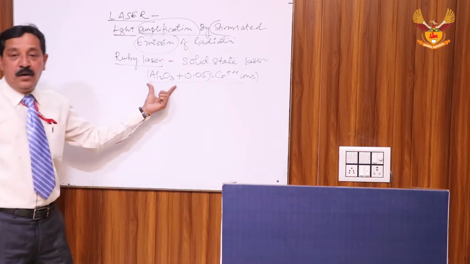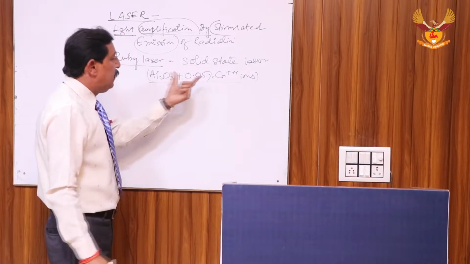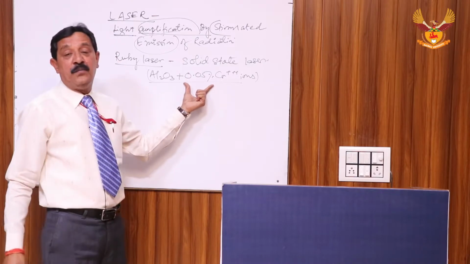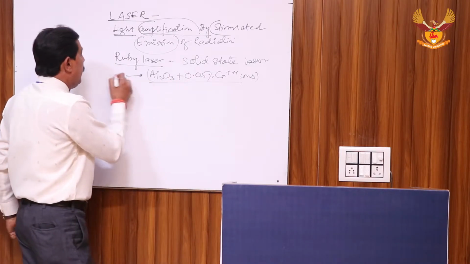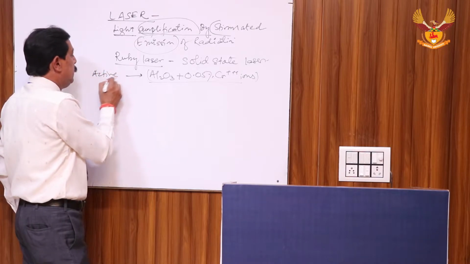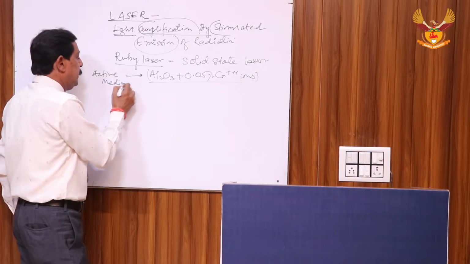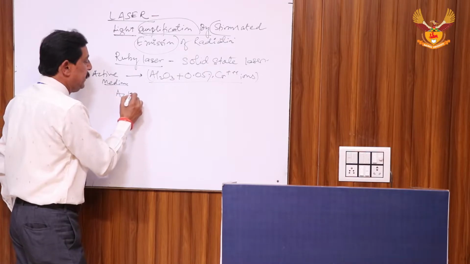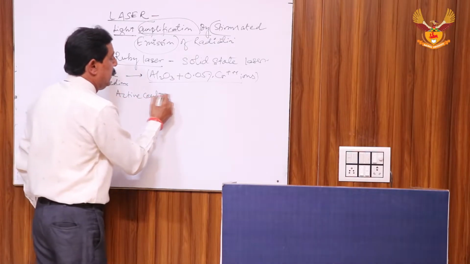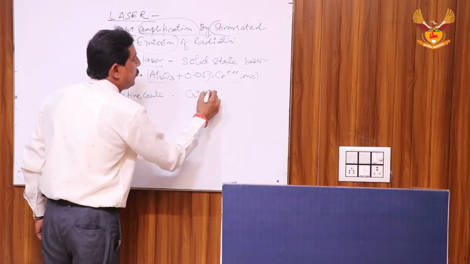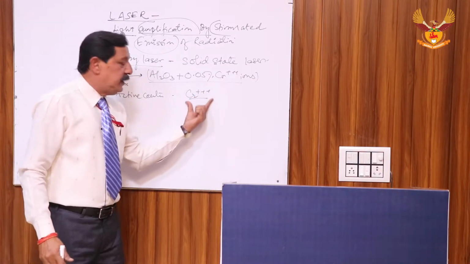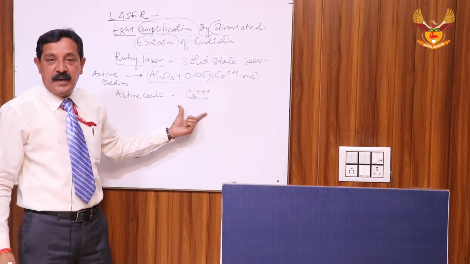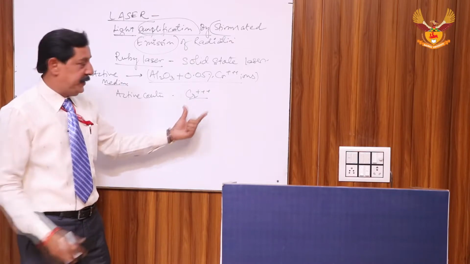Aluminium oxide is called ruby crystal, and we have to dope 0.05% of chromium ion in the ruby crystal, and this is called the active medium, whereas the active center is the chromium ion. It means whatever emission is going on from the crystal is of chromium ions.